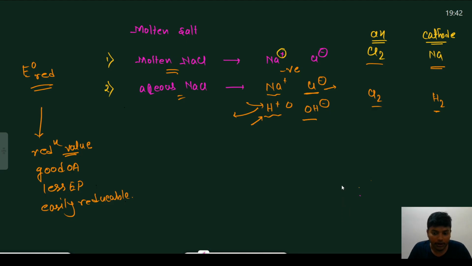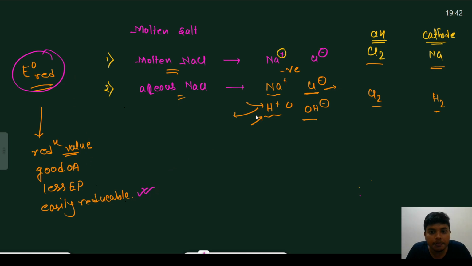This is very important. Whenever this is given, you have to write which ions are there by comparing the E naught values. Sometimes the value is given, but you don't need the direct value. You have to see which one has the higher E naught reduction value, as it is easily reducible.